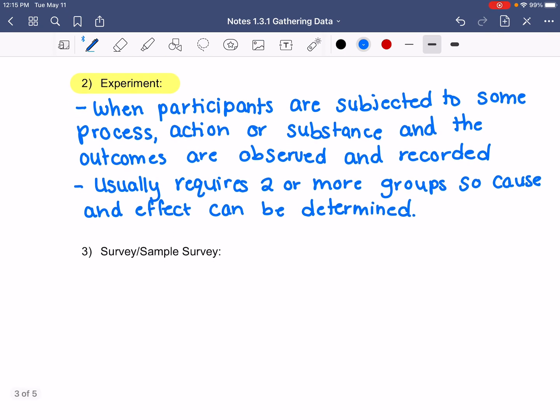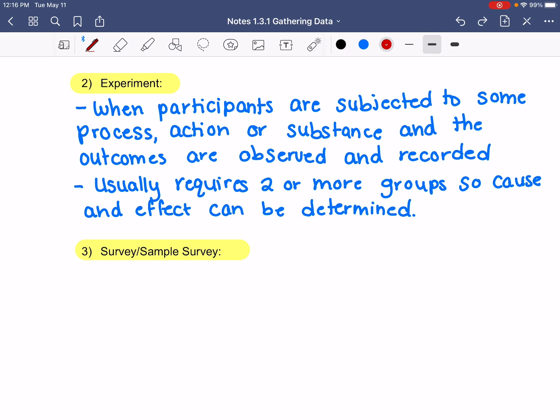And the last one is our survey/sample survey. Survey would be if you asked everybody, and sample survey would be if you just were able to ask a sample. And this is when you just ask people questions.